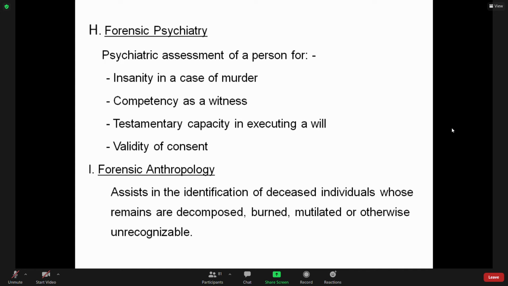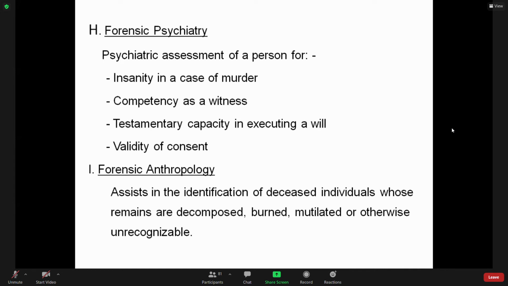So what does psychiatry cover? Insanity in cases of murder, competency as a witness, testamentary capacity in executing a will, and validity of consent. Here also we have the matter of consent. If someone is mentally ill or of unsound mind, they cannot give consent. Okay, insanity in case of murder: in any case of murder, was that accused mentally sound or not? If a person is mentally not sound, then he can be not liable for the act he has done.